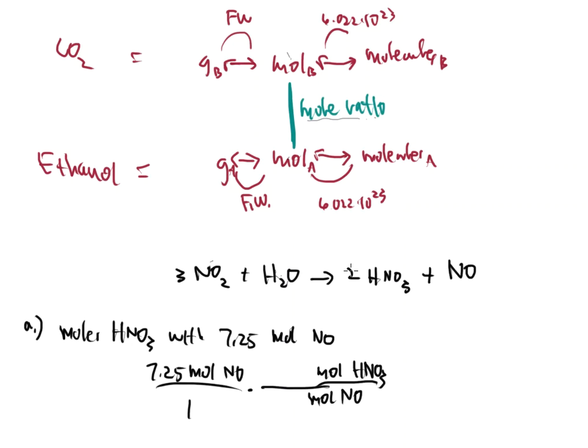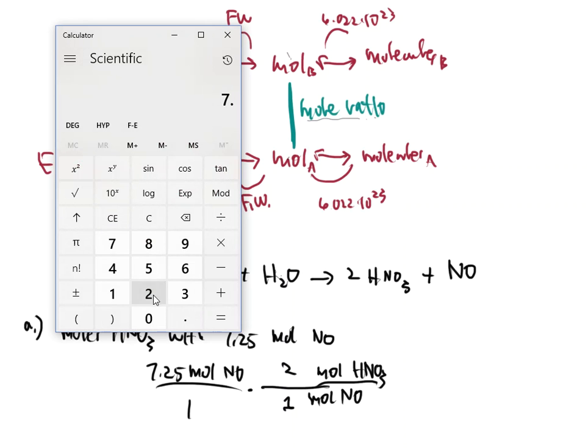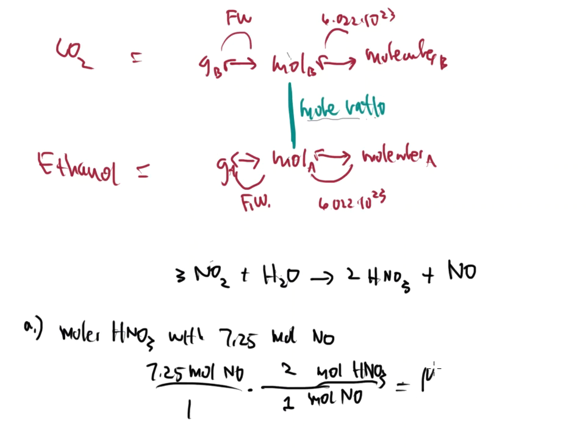So HNO3 has a 2 in front, so a 2 goes here. And NO has a 1 in front, so a 1 goes there. So I'm going to take 7.25, multiply that by 2, and then divide by 1, which is the same number. And that gives me 14.5 moles.